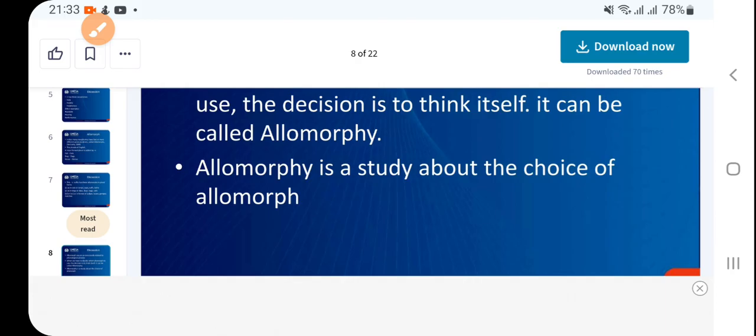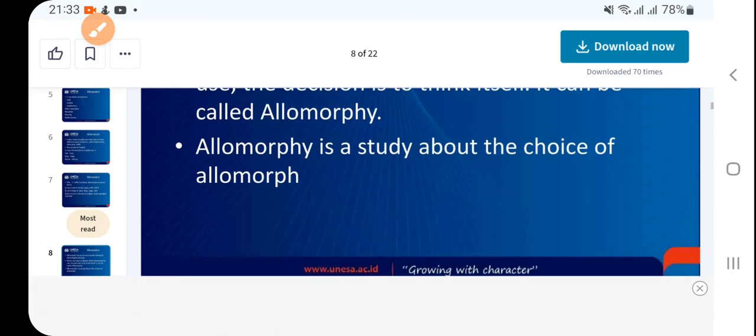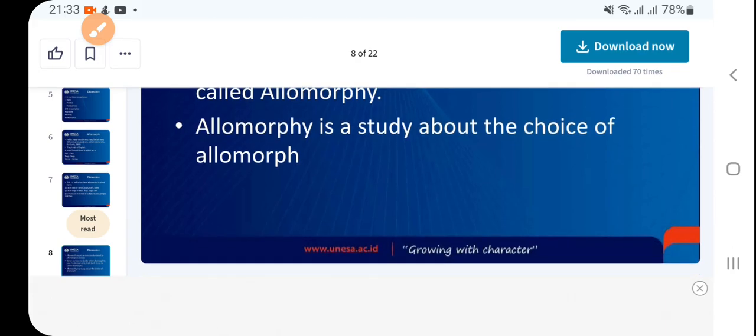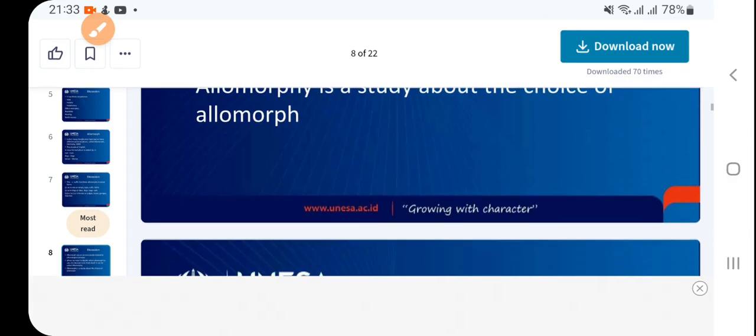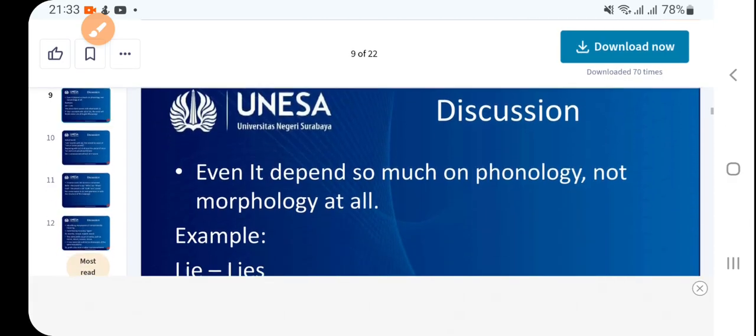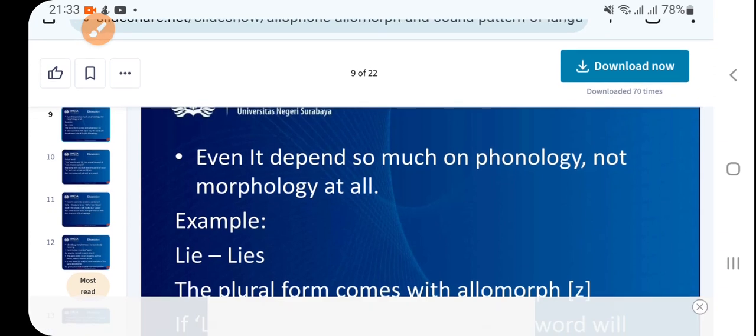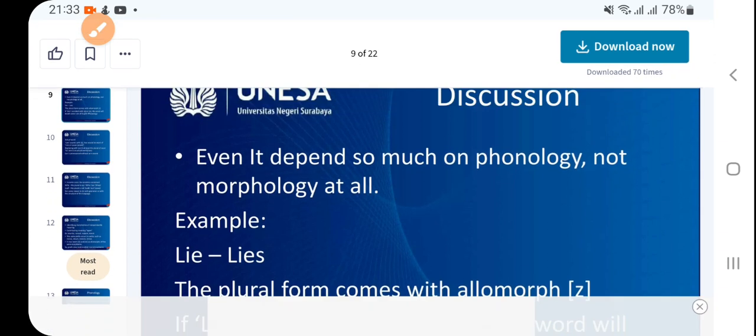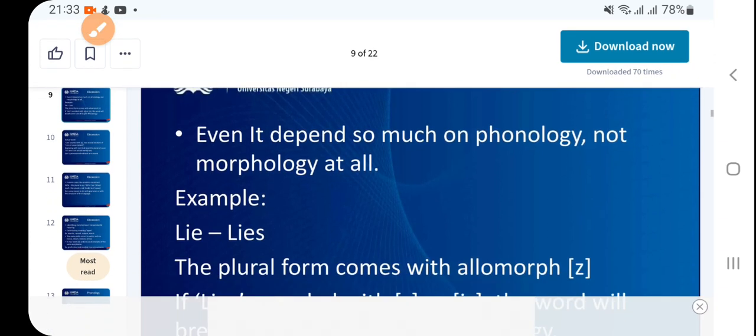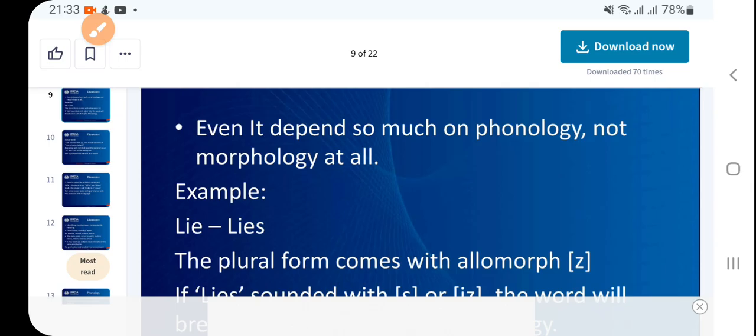So that process is called allomorphy, which is the study of the choice of allomorphs. Now, this depends so much on phonology, not morphology at all. That choice depends on phonology, meaning sound. It depends on sound, not on words.